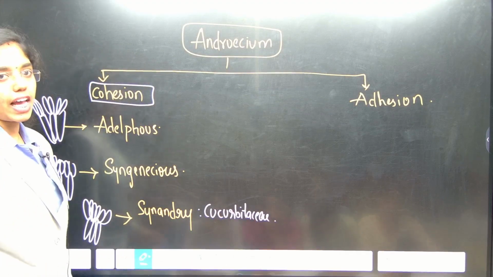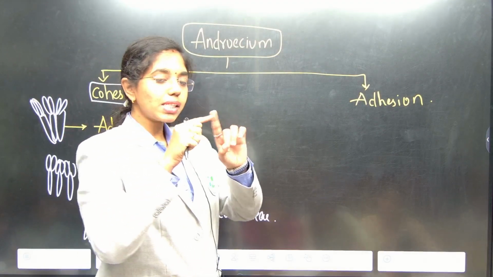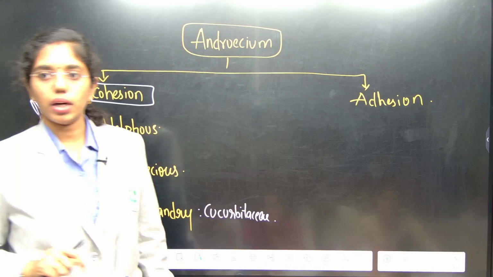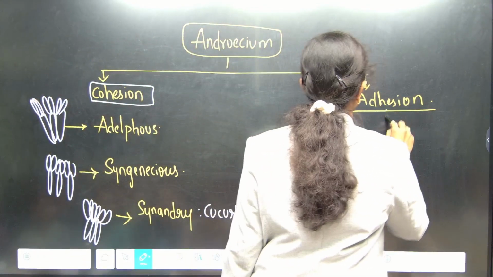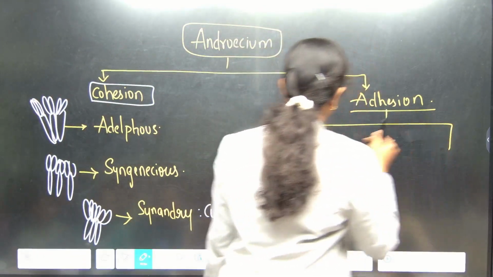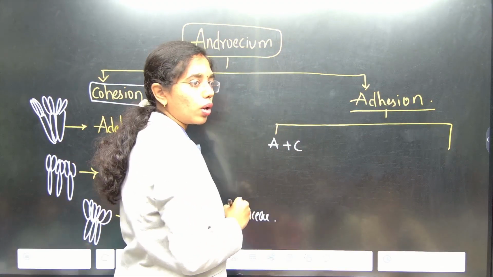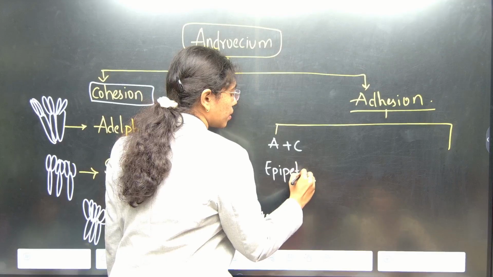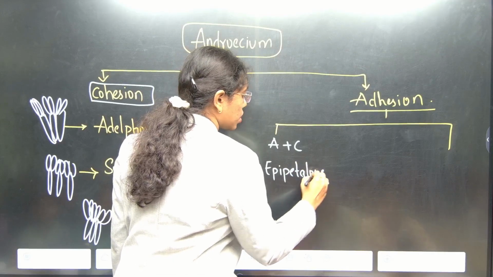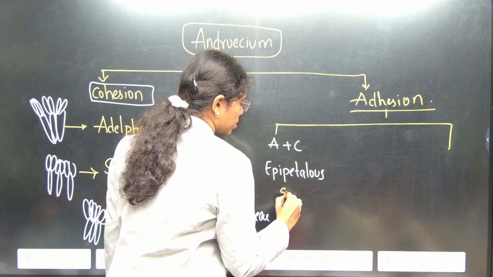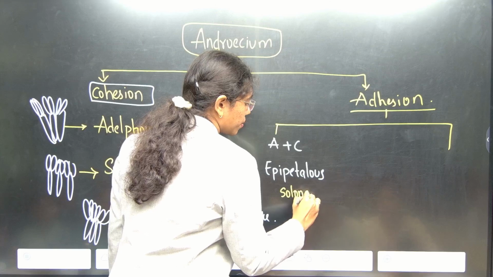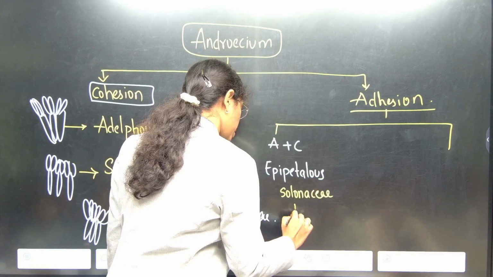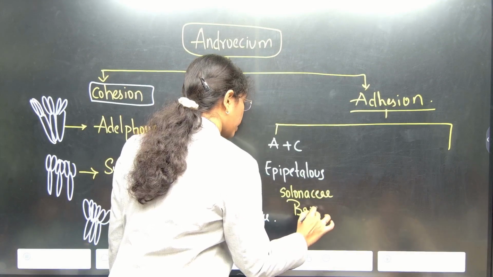Now you see adhesion, where stamen is attaching to any other part of the whorl. If androecium is attached to petals, that is corolla, it is known as what? Epipetalous, observed in Solanaceae members. Brinjal you can take, tomato you can take.